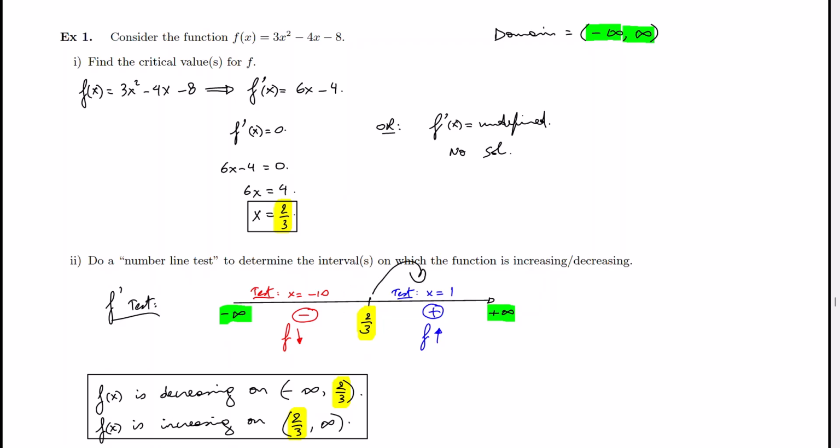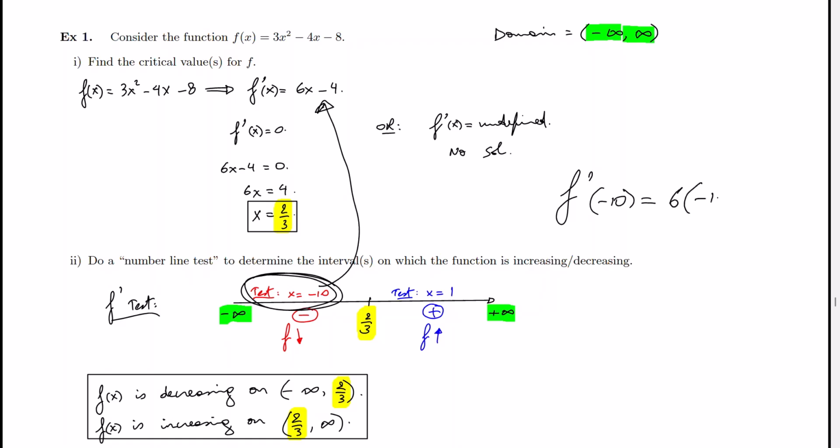In this case, I chose the number 1, but it could have been 10 or 15 or whatever. And before 2/3, I chose negative 10, but it could have been 0 or negative 1 or negative 100. It's up to you. You can pick any value you want. So what do you do with this test value? You grab it and you plug it into the derivative. So for example, what would happen if I plugged in negative 10 into my derivative?